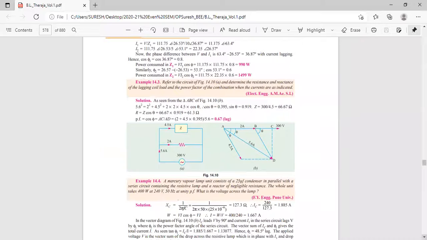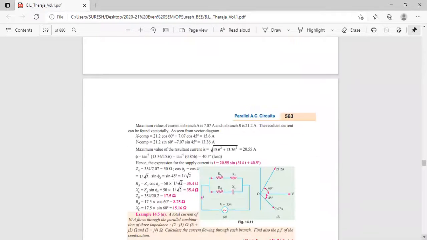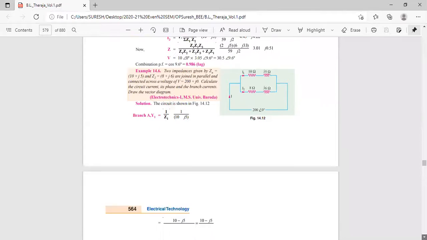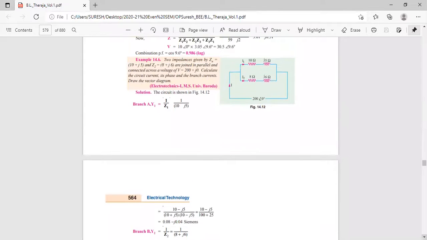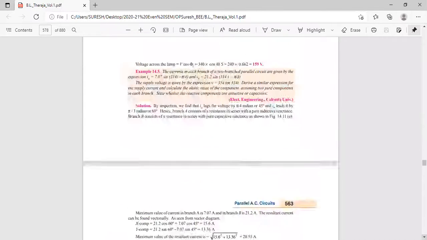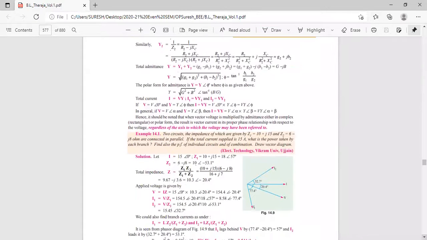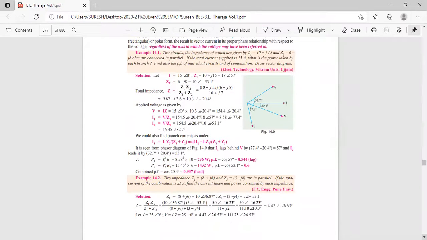Take down this problem, example 14.1. Here two impedances are in parallel. Write down the question, I'll explain the solution later.